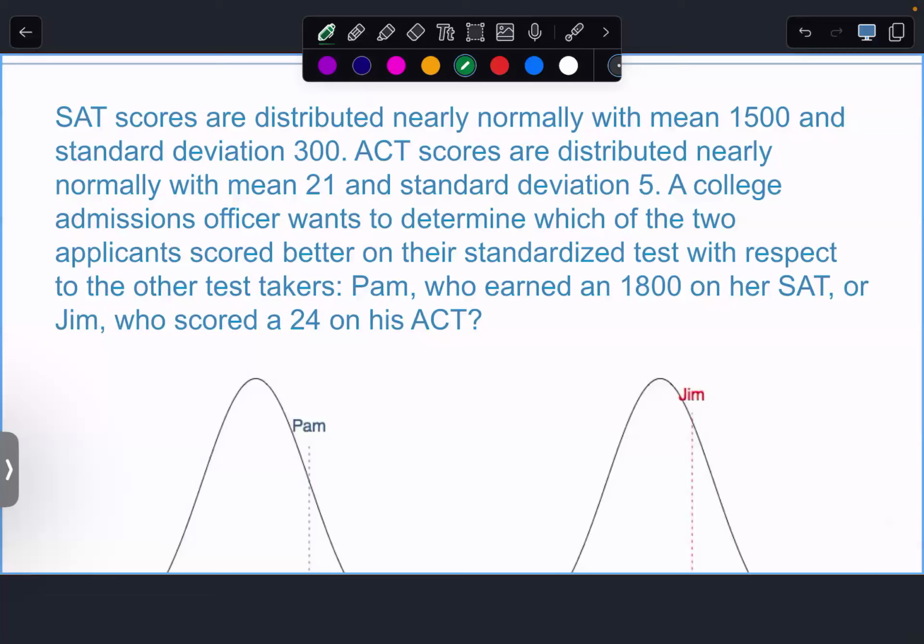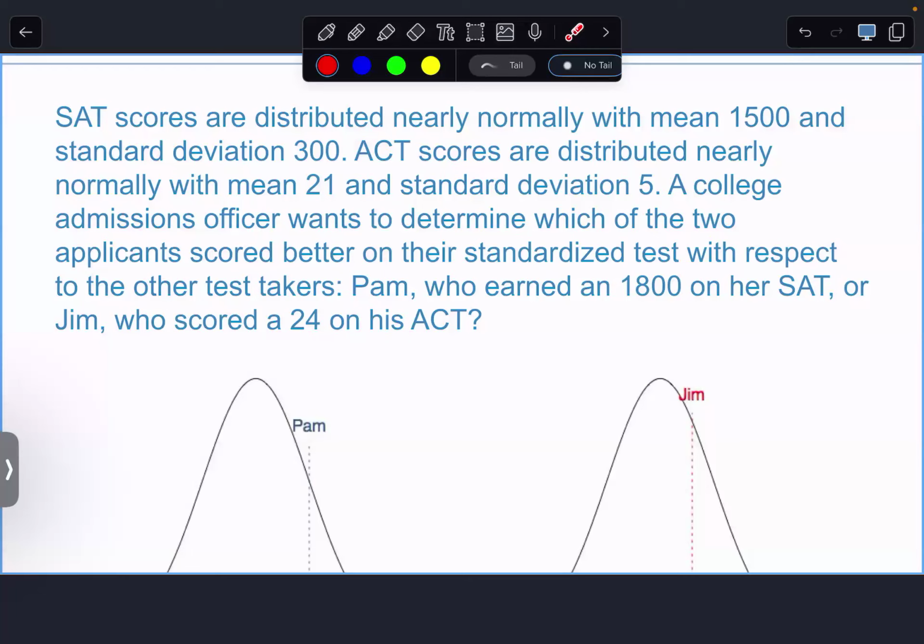Okay, so how are we going to use the normal distribution, but also kind of any distribution? Here's an example. If we have SAT scores and we know that they're distributed nearly normally, everyone's kind of hovering around the average score, and there are some lower scores, but they're pretty rare. And there are some very high scores, but they're also very rare.